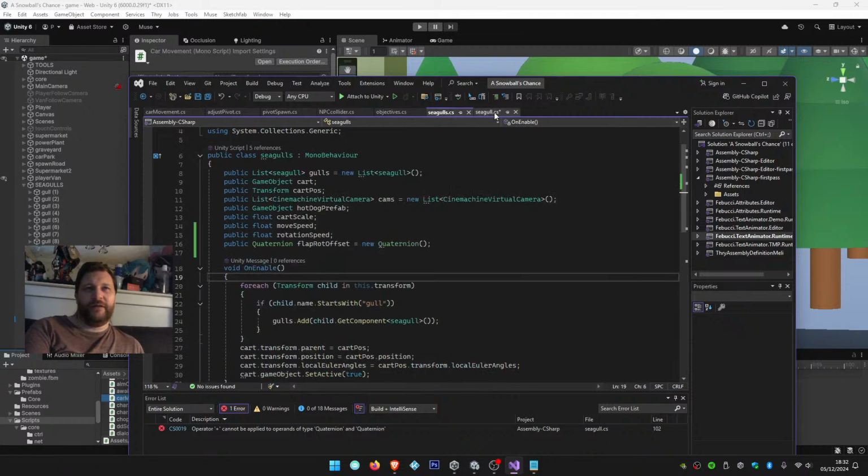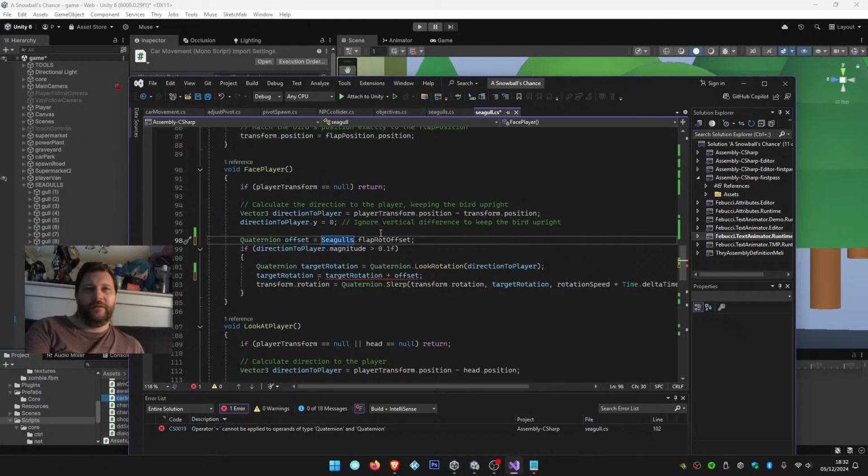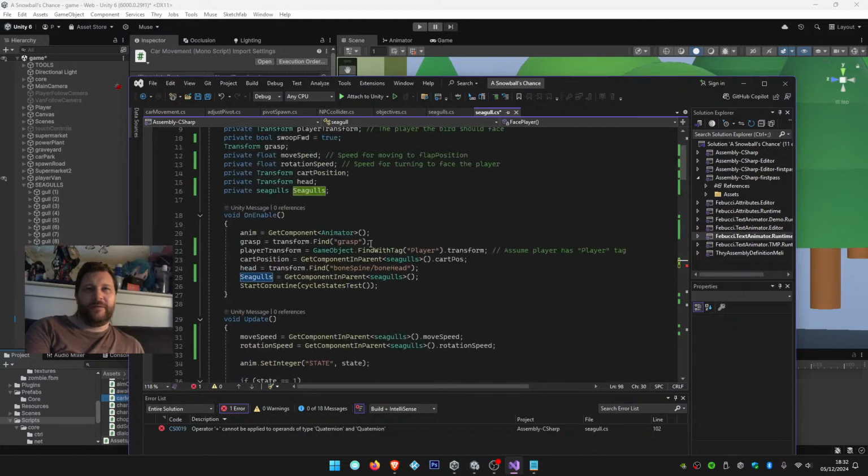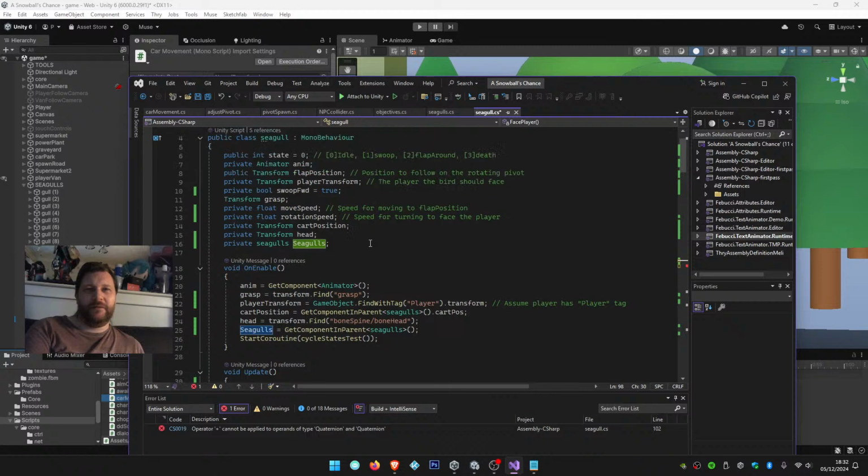So that's very interesting. Where the fuck is the offset? Did I remove it already? What is happening?